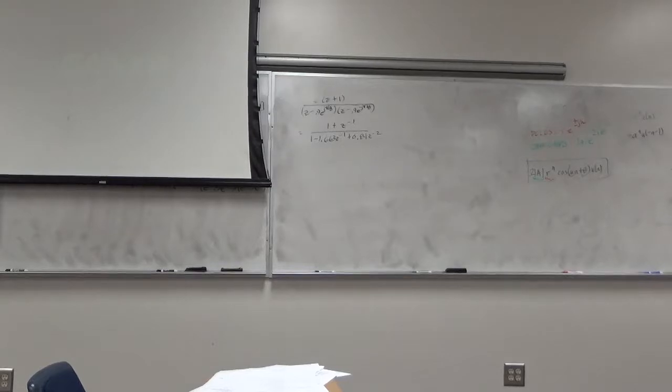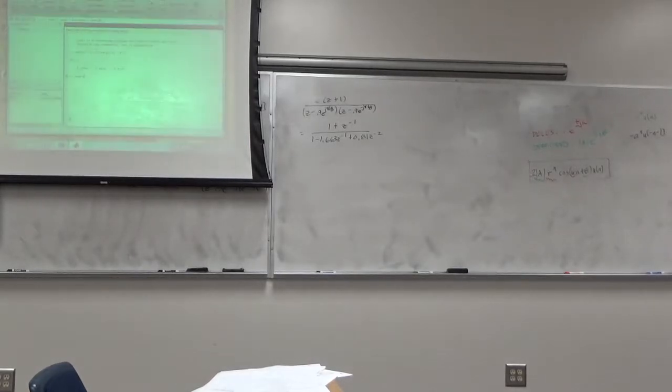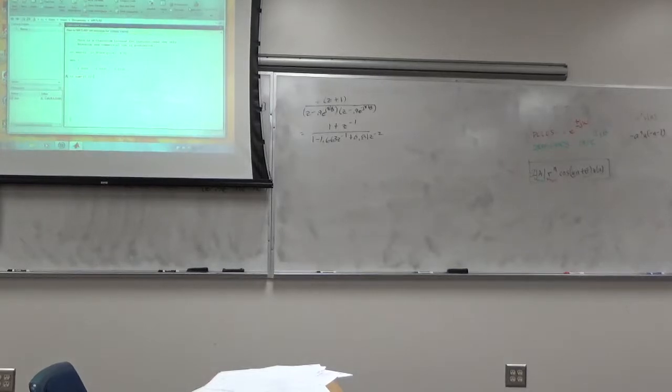Okay, so my numerator is, I'm going to start from the constant and then drop down in powers of z. 1 and 1, is that it? Okay, and denominator.